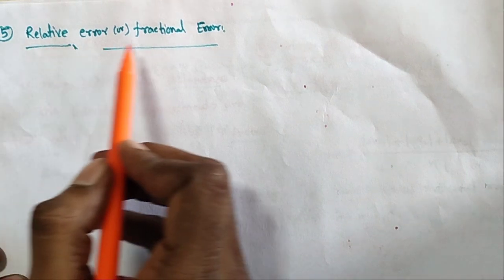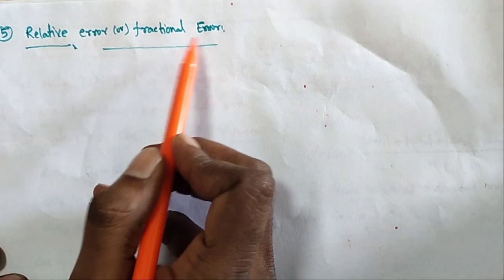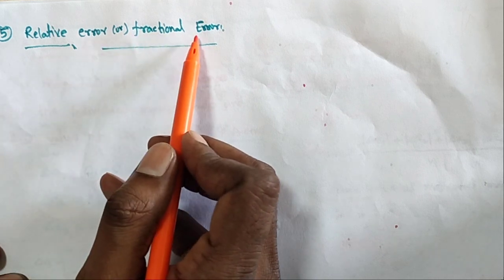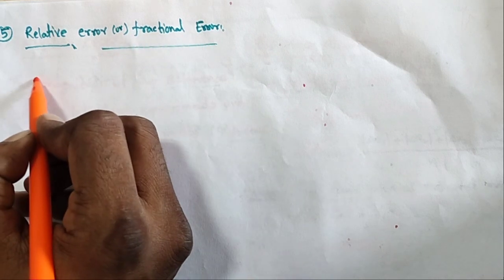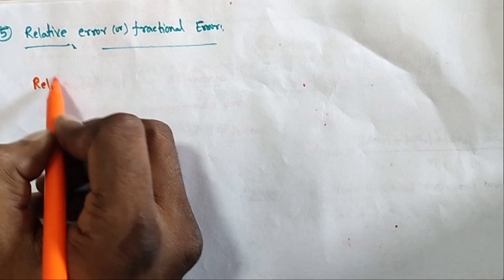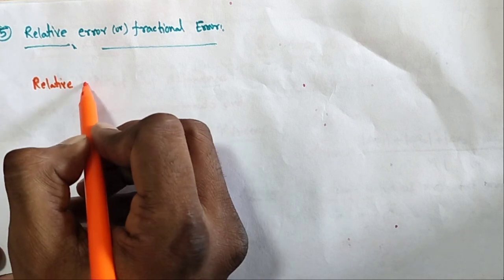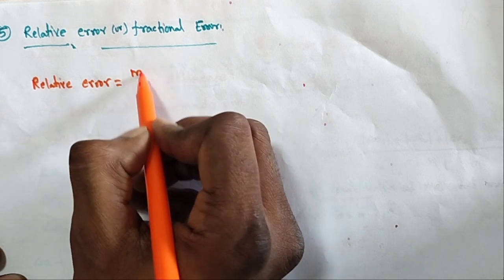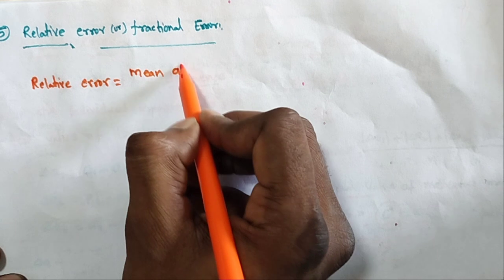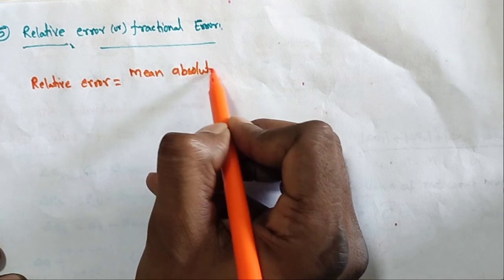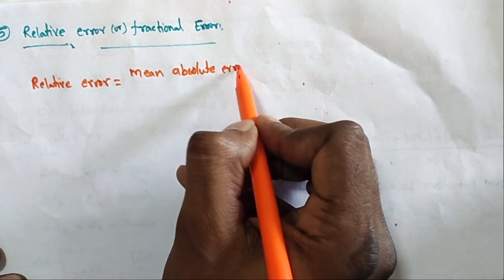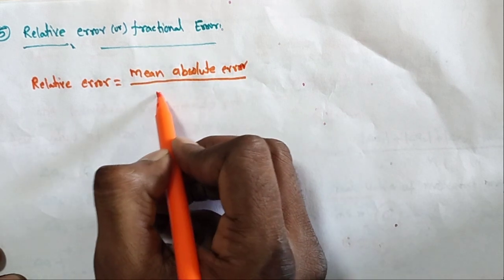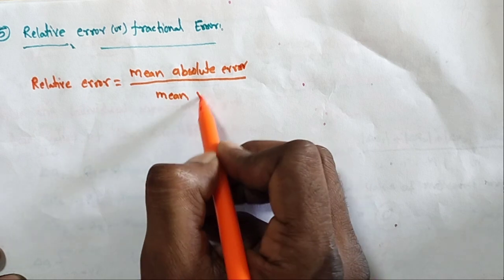Next one, relative error, also called fractional error or proportional error. What is the relative error? I will write the direct formula. The relative error is equal to the mean absolute error divided by the mean value.